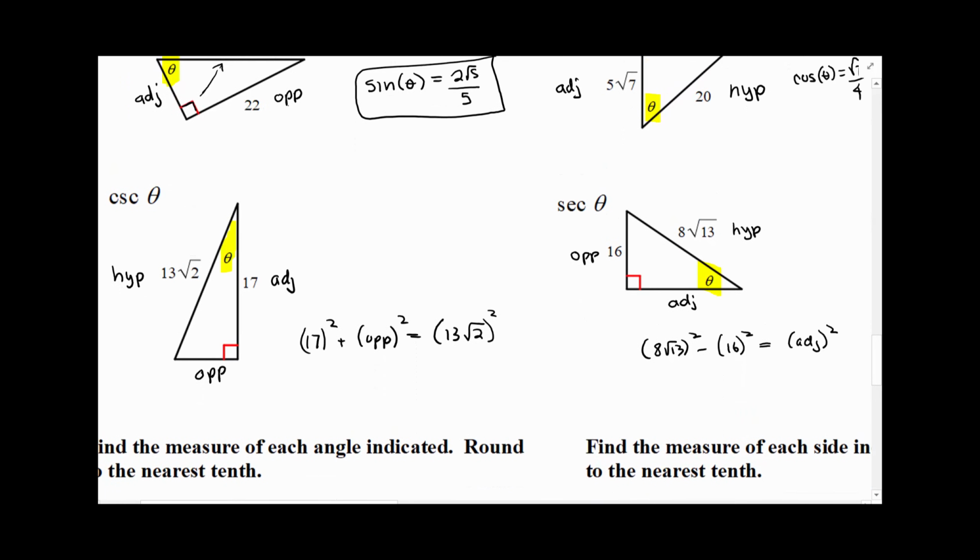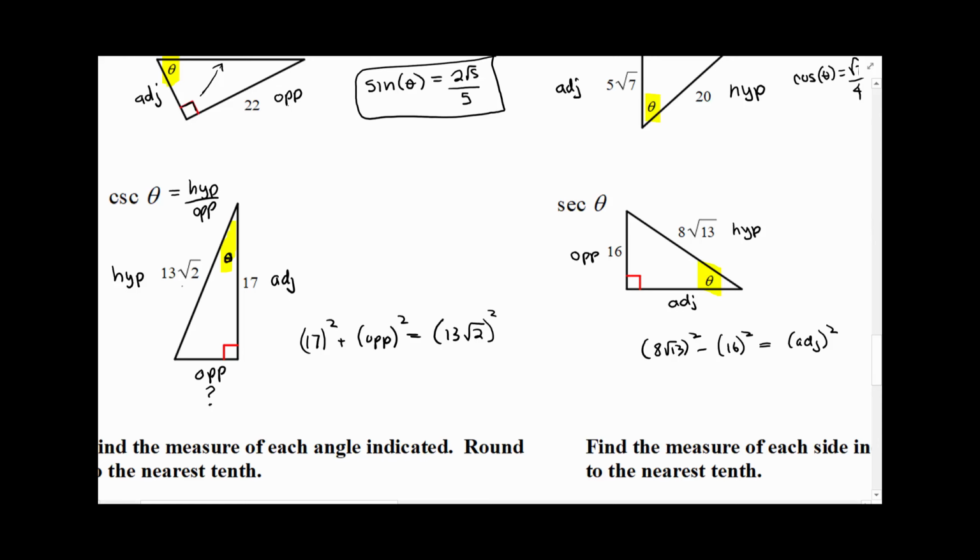Now when we get down here, sometimes you're not going to be given the sides that you need. So cosecant, which is the reciprocal of sine, so hypotenuse over opposite, and you always look from the viewpoint. So here's the opposite side. We don't know it. We know the adjacent and we know the hypotenuse.